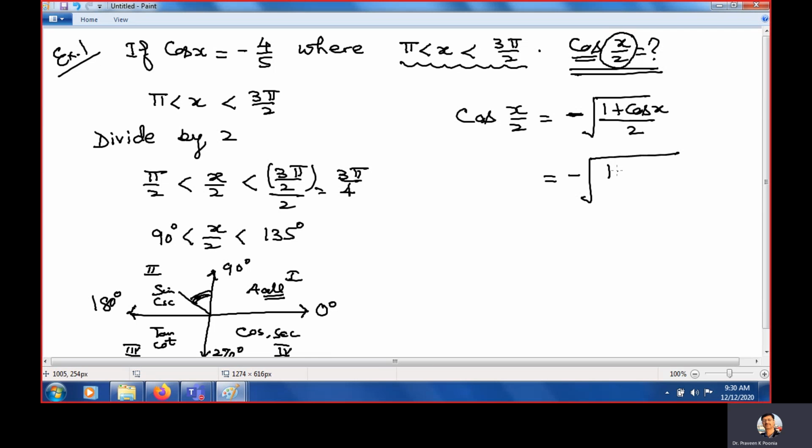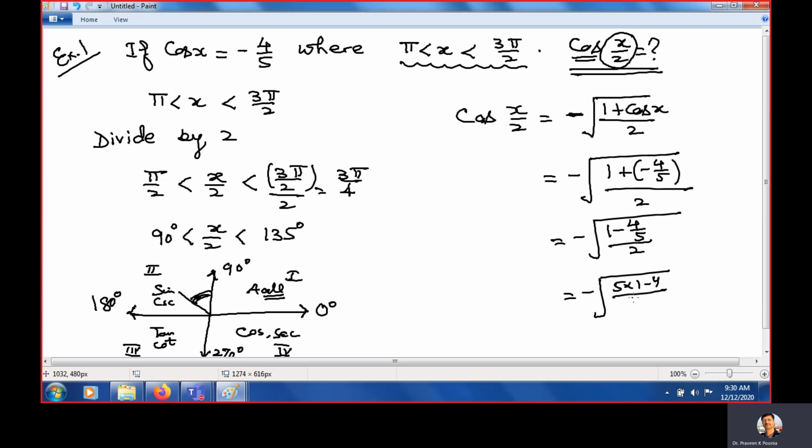Cos x value is minus 4 upon 5, so 1 plus minus 4 upon 5, all upon 2. If you simplify this, 1 minus 4 upon 5 is 5 minus 4 upon 5, upon 2.